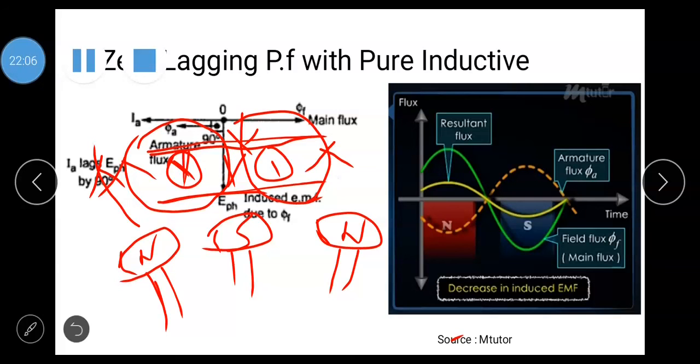Both directions are the same, and here also the same direction. So the flux produced by the armature and the flux produced by the rotating magnetic field, that is the rotor, are aiding each other.